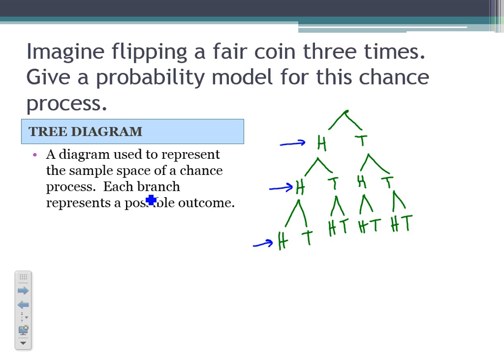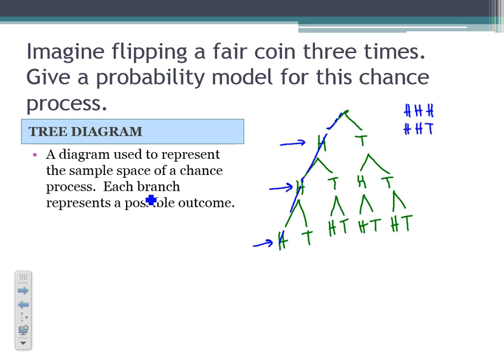When we look at this setting here, we can see there are 8 possible outcomes of flipping a coin 3 times, right? We just determine that by going down each branch. If I go down my first branch all the way down on that left side, you can see one outcome would be heads, heads, heads. If we just list out all the outcomes, we can also go heads, heads, tails.